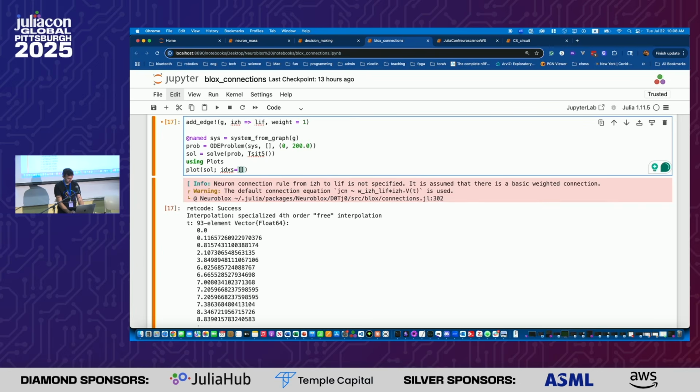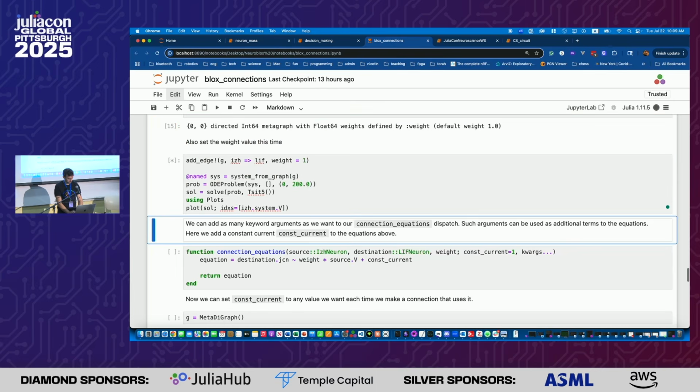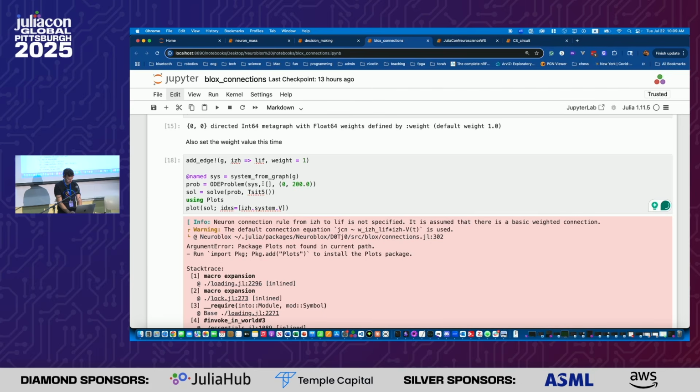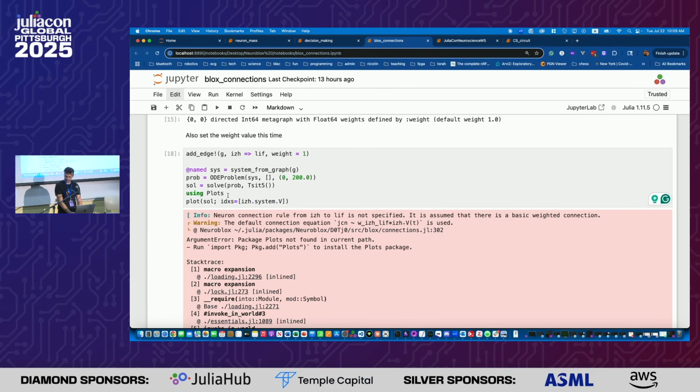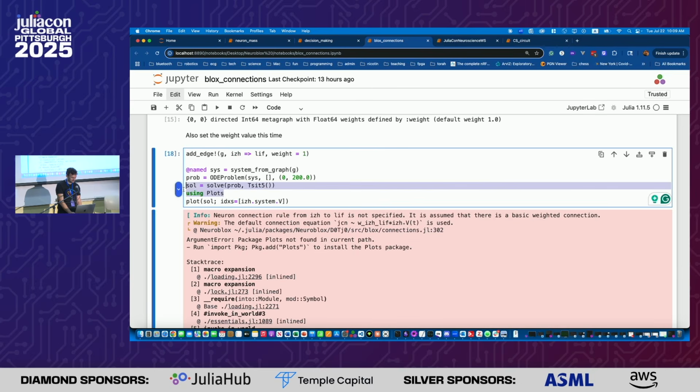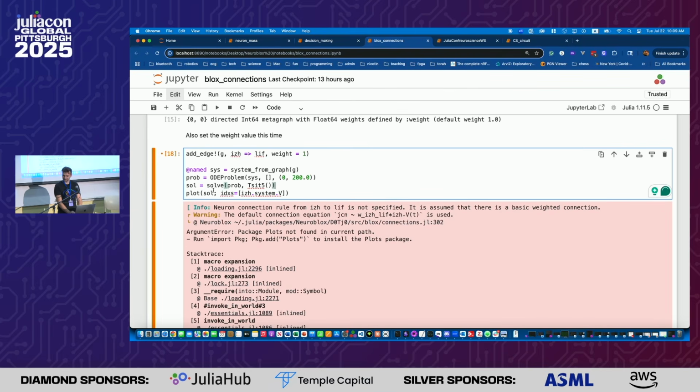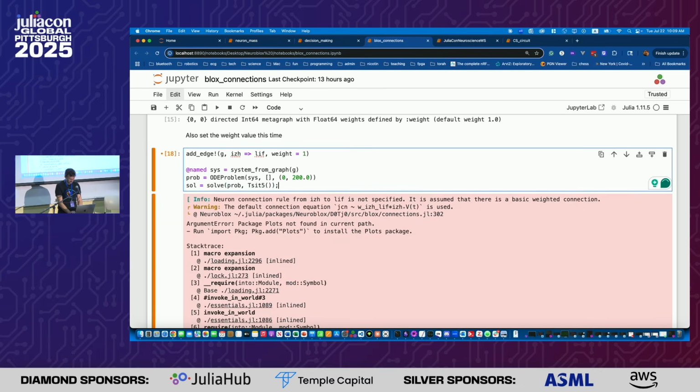So for instance, say we can say the IZH dot system dot v, and that should, we didn't load. Okay.